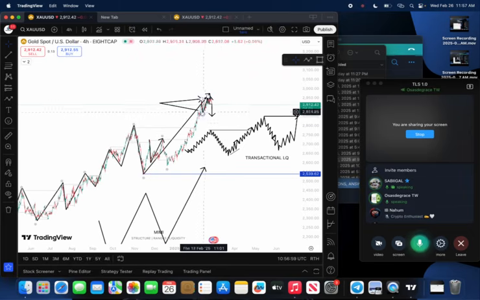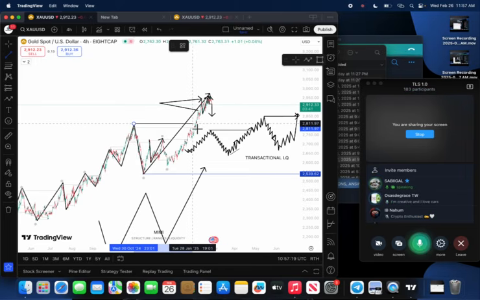Am I supposed to draw the most recent internal, is it this one over here? The last class you taught, that was not the breakout structure you mapped out. You mapped out the breakout structure from the inside point.